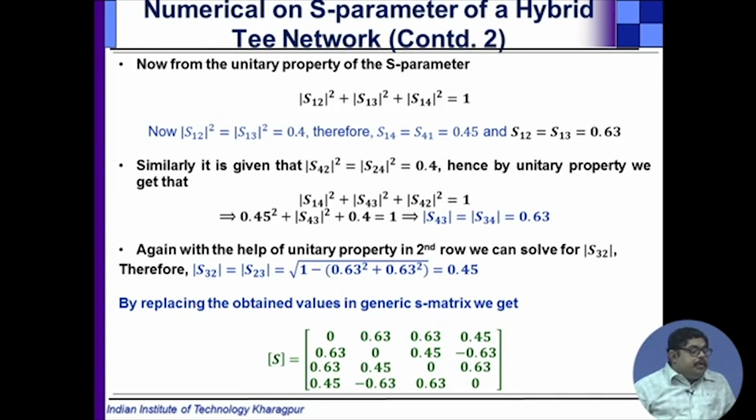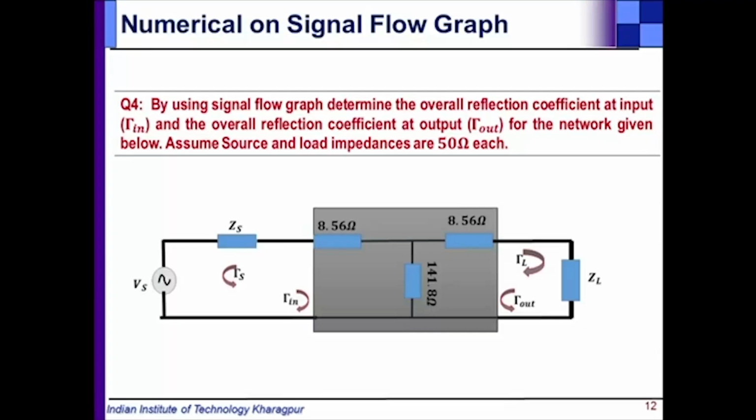Then with the unitary property in the second row, we can solve for S32, and by that you can solve for all the values. Enough information is given in the problem to get you those values. Remember that symmetrical means Sij is equal to Sji, and the unitary properties give you everything.